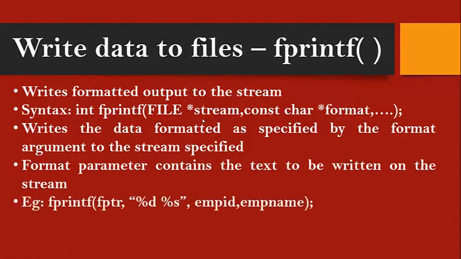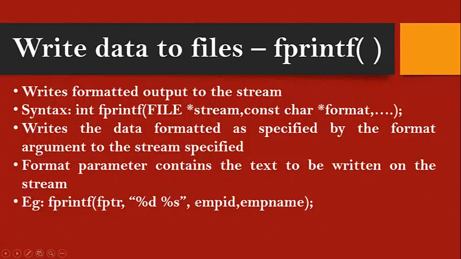So if you see the example, I have called the file stream pointer, and I have mentioned the character format in order to write the data. This character format will contain the data that has to be written to the stream fptr, and the data will already be occupied.